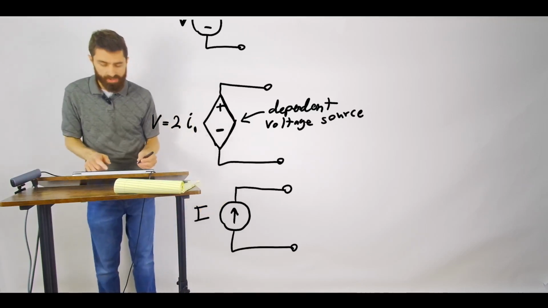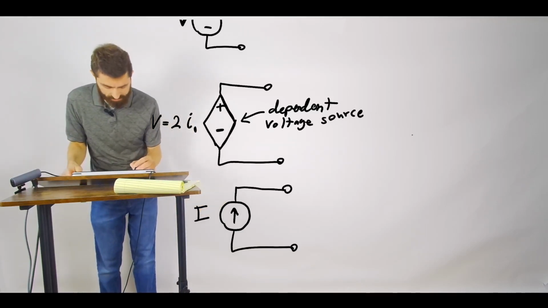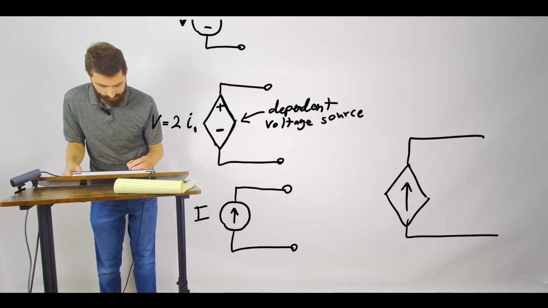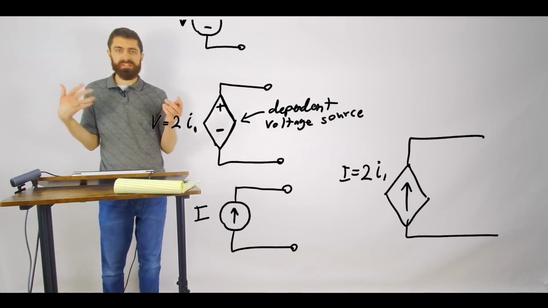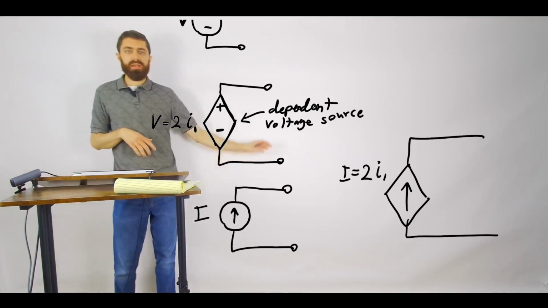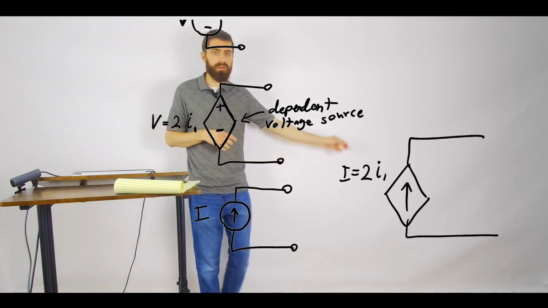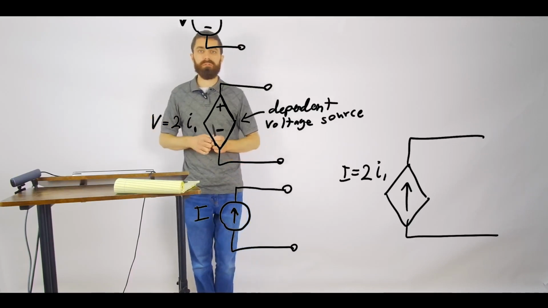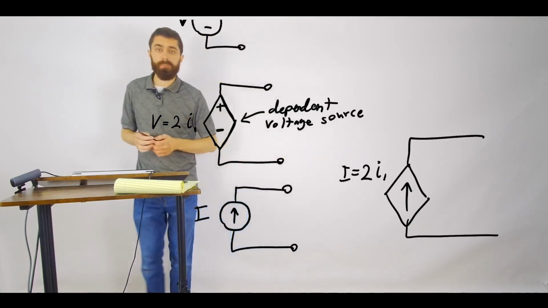You can also have a dependent current source, so something like this. And so then I would be equal to some kind of variable. Again, I could say just 2 times I1 as an example. And so the amount of current that it outputs would be dependent on some other variable in the circuit.